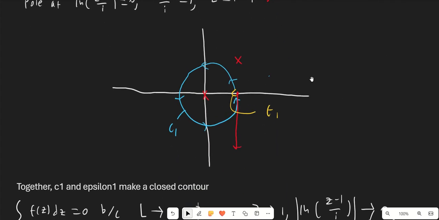So this is a little graph of what our contour looks like right now. We have C1, which is this blue curve. We have a residue at 0, or a pole at 0, sorry, which has a residue. And we have this other pole over here. Now our branch cut actually runs from z equals 1 all the way down to negative I infinity.